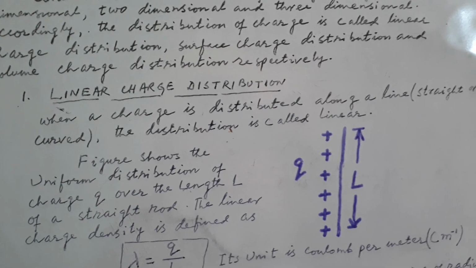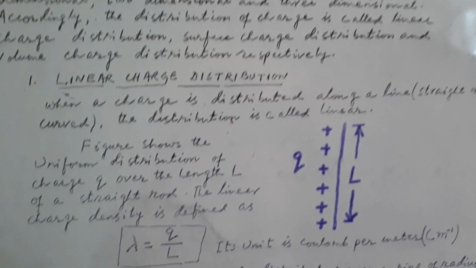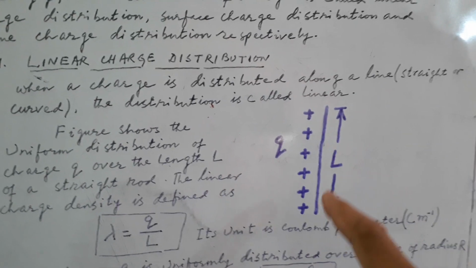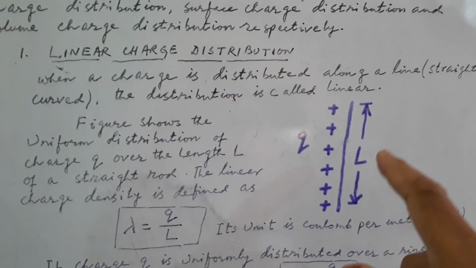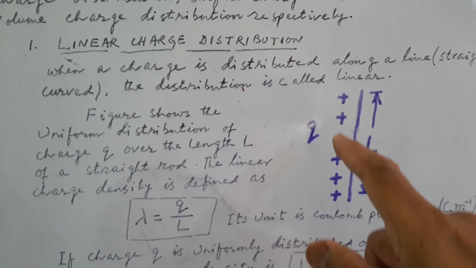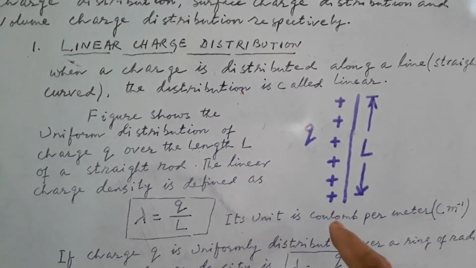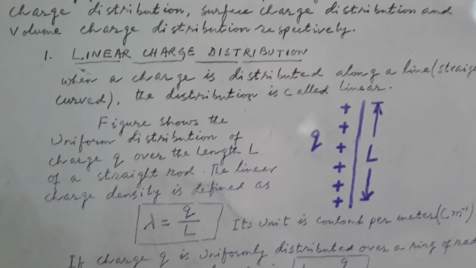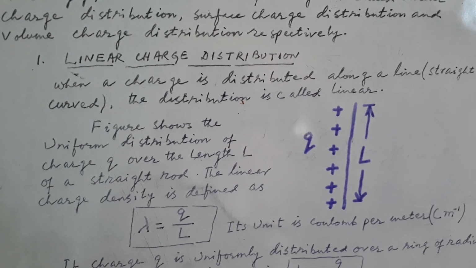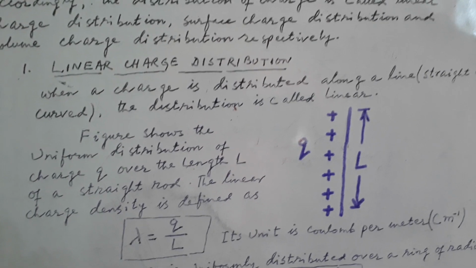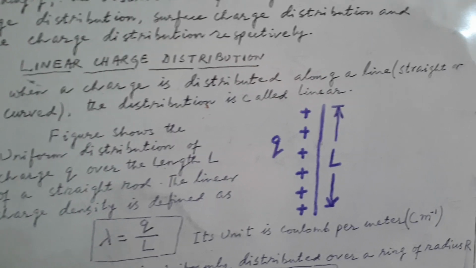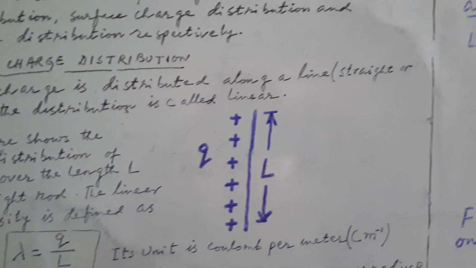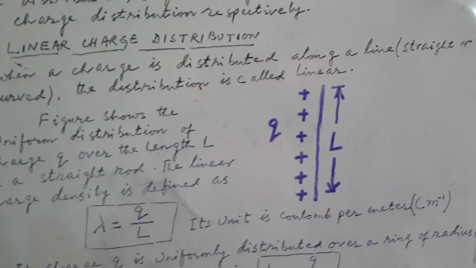When a charge is distributed along a line, you can see this is a line of length L and charge Q is distributed uniformly over it, then the distribution is called linear. When a charge is distributed along a line, the line may be straight or curved.